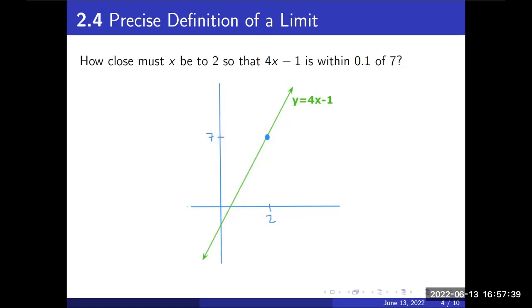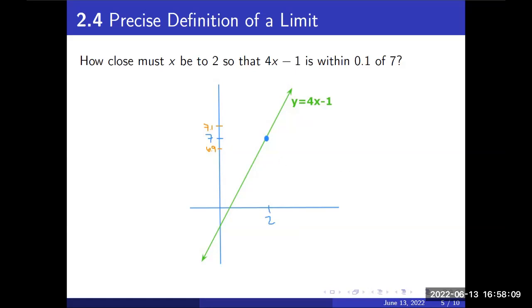And we know it goes through the point (2, 7). Within 0.1 of 7, so we're going to draw little lines a little above and a little below the 7, at 6.9 and at 7.1. It creates a little cloud around 7, if you will. It's supposed to be symmetrical. You get the idea.